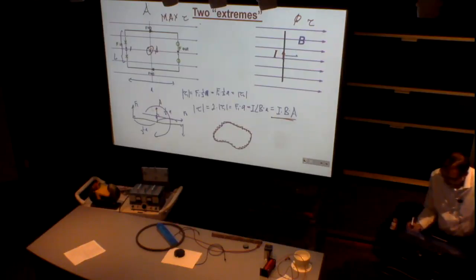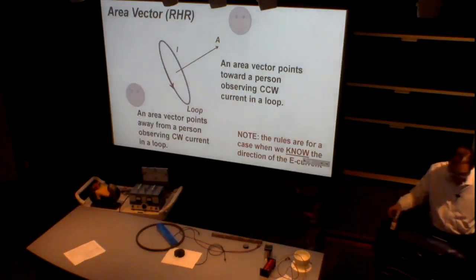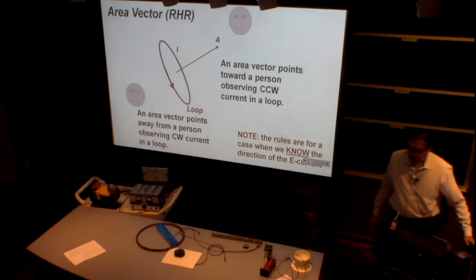Here, area vector is parallel. No angle, and the torque is zero. Well, so that's the area vector. With the right-hand rule.